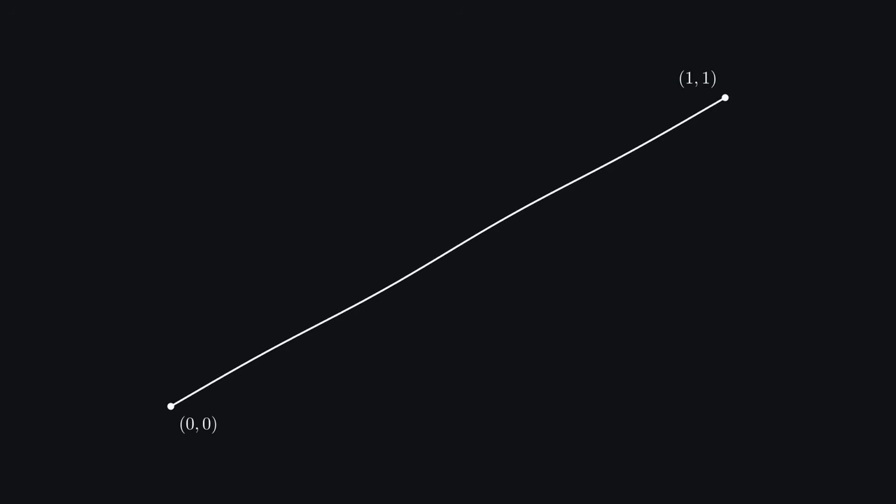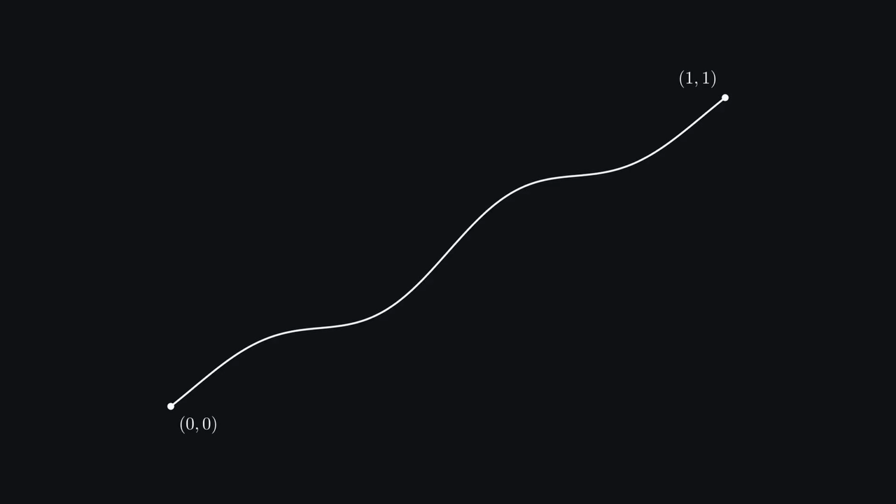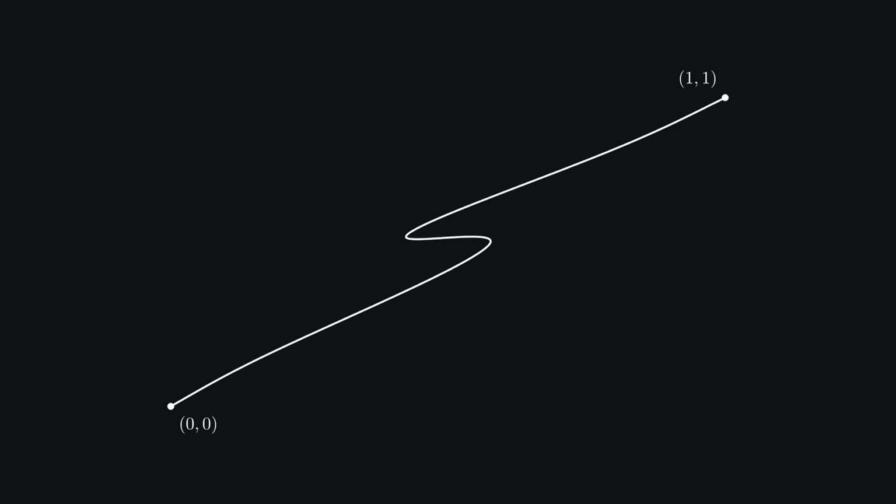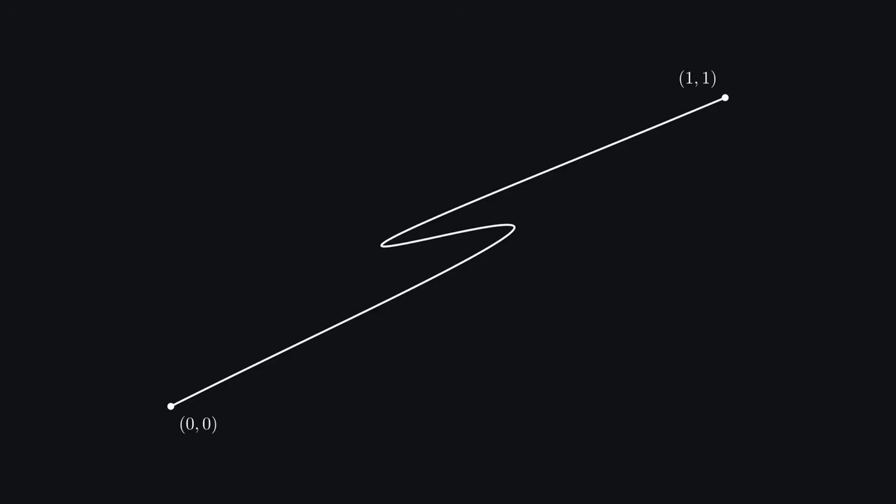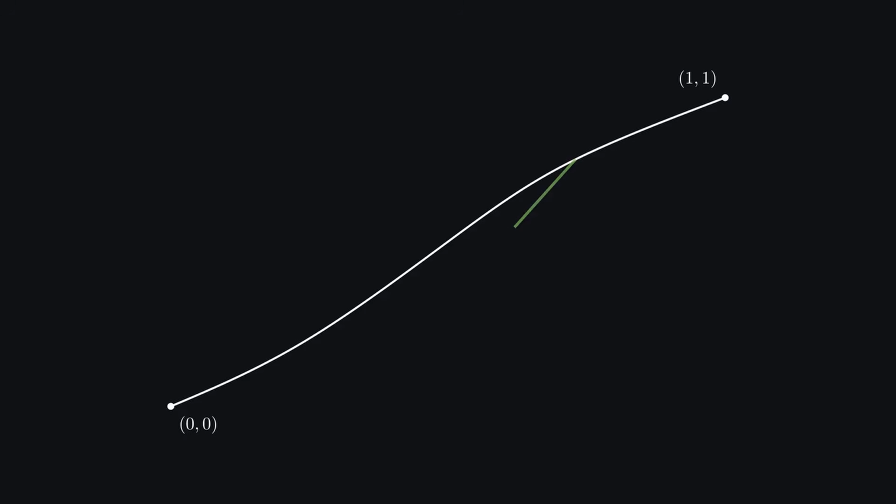To make it a little bit easier, we're going to make some common sense assumptions. For example, this curve isn't a function at all because it doesn't pass the vertical line test. And in fact, we know this can't be the shortest path because it doubles back on itself, going back towards the origin. We could perform a type of surgery on this curve like this, which would always lead to a shorter path.